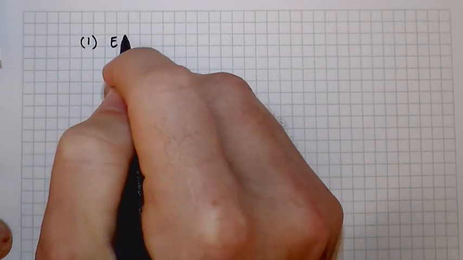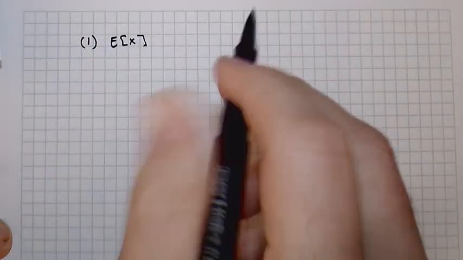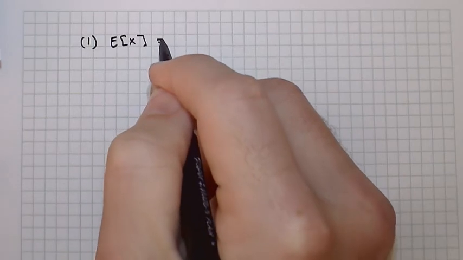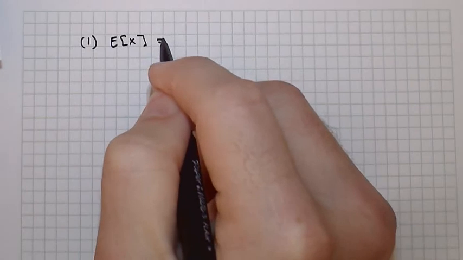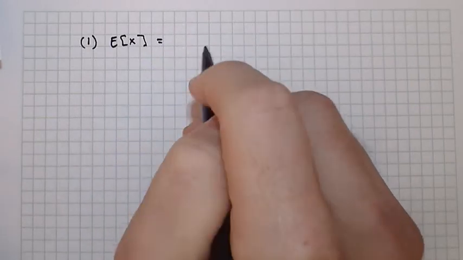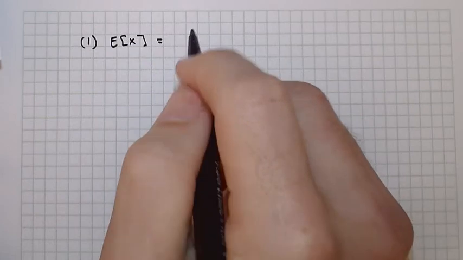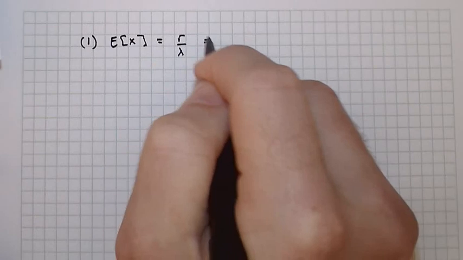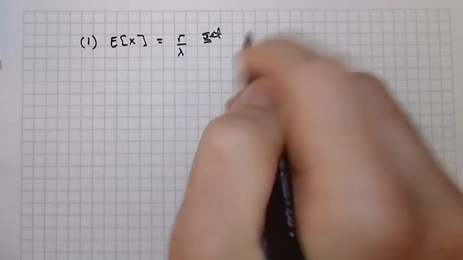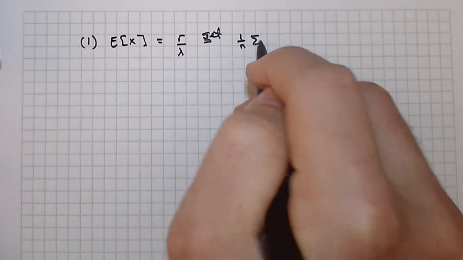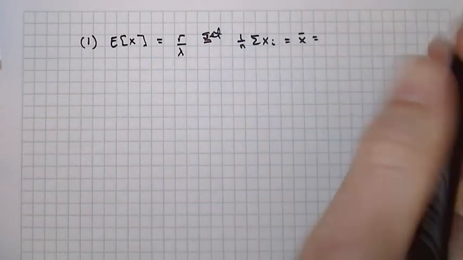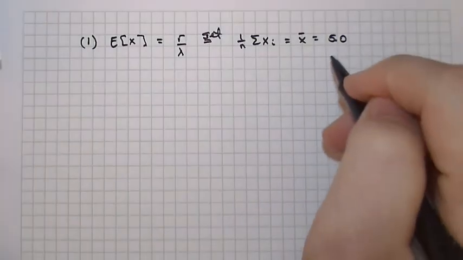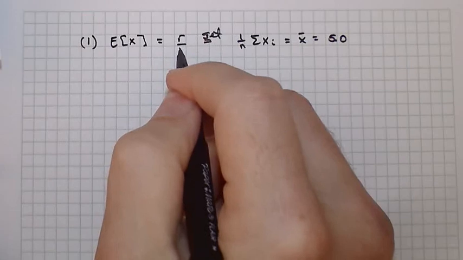First one here is to set the theoretical mean, which for our gamma function is going to be r over lambda, set equal to our sample mean, equals then 5.0. But we have two parameters, so we need another equation.